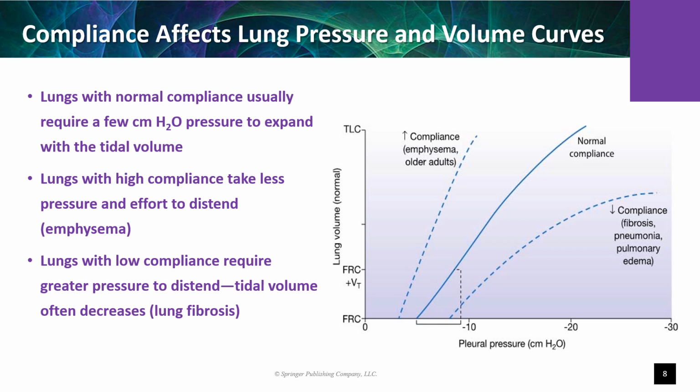The relationship between the volume change of the lung and the distending pressure is termed the compliance of the lung. From functional residual capacity, it takes 3 centimeters of water pressure to inflate the lungs with the usual tidal volume.